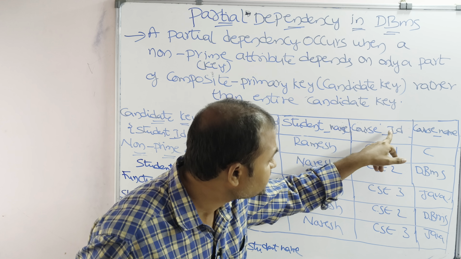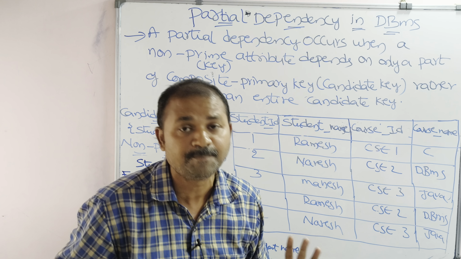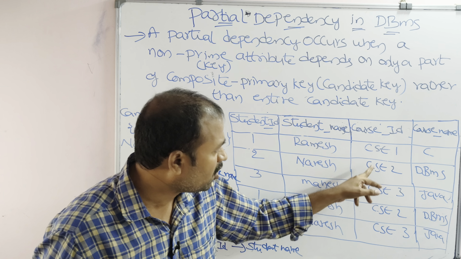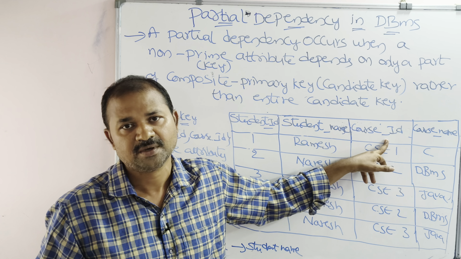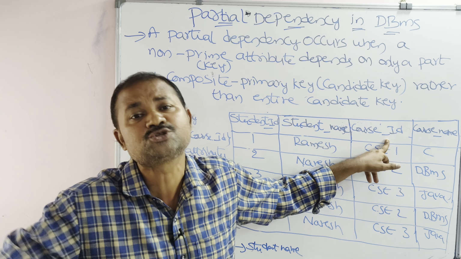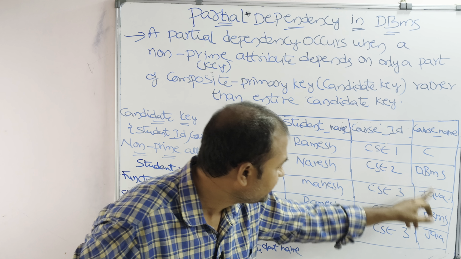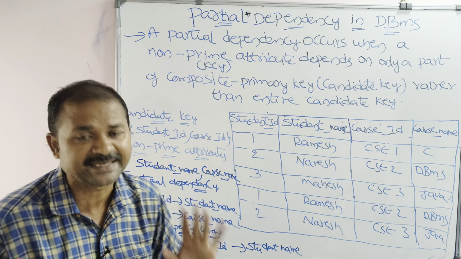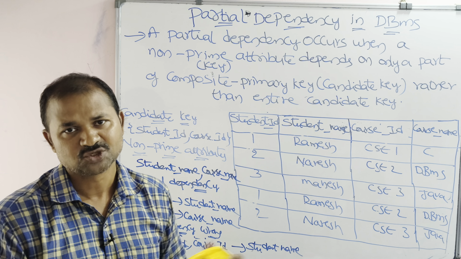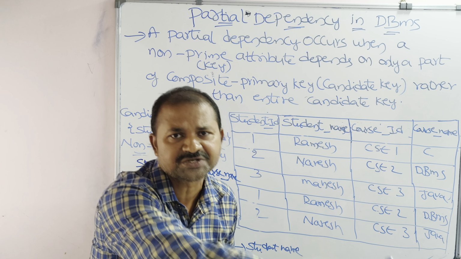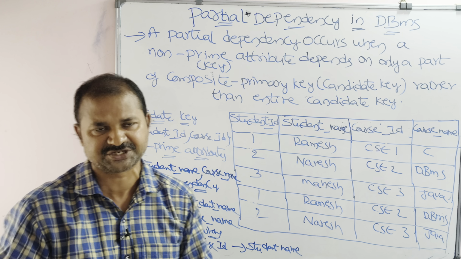Likewise, we can't select course ID as the primary key. Why? Because a single course may be offered to many students. Here, the DBMS course is offered to 2 students in this table.